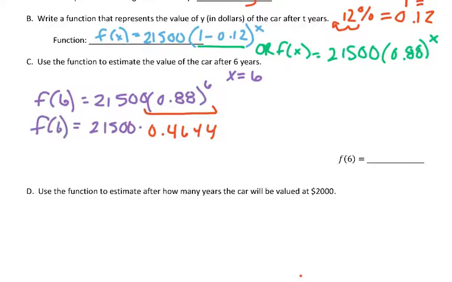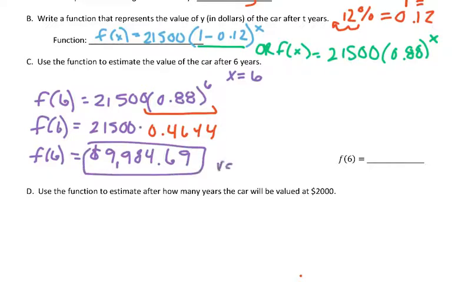And then we're going to multiply that by 21,500. And so we end up with, after 6 years, we're going to be at a value of $9,984. And since we're doing money, 0.69 cents. And again, it's a word problem, so value after 6 years. And I see now that I could put the value over here.